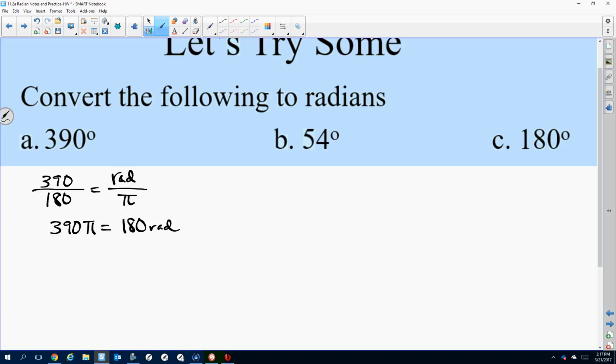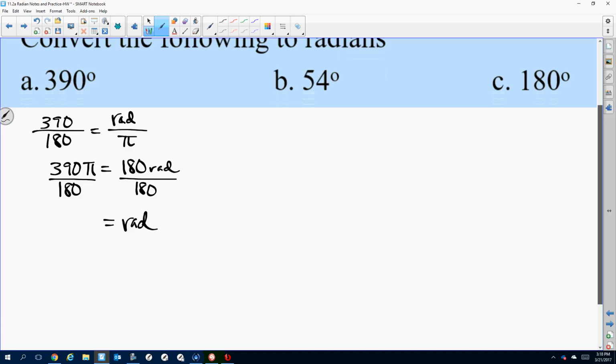And then we're solving for our radians, so we divide by 180. So our radians equivalent to 390, when we simplify that, keep it improper. And then you keep pi in your answer. Always, when converting to radians, it's in terms of pi.